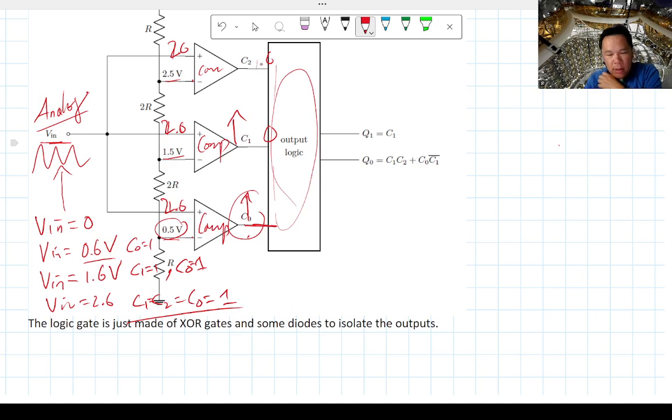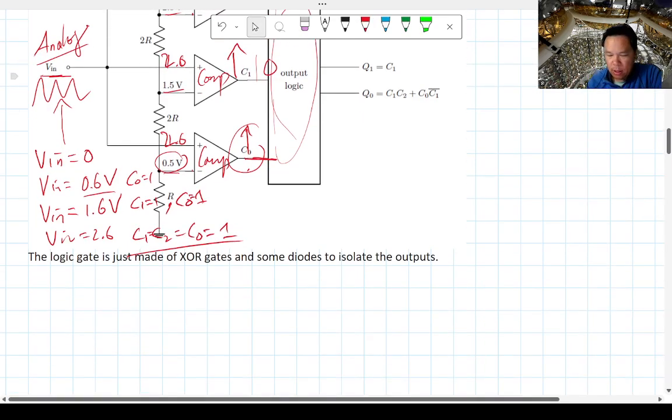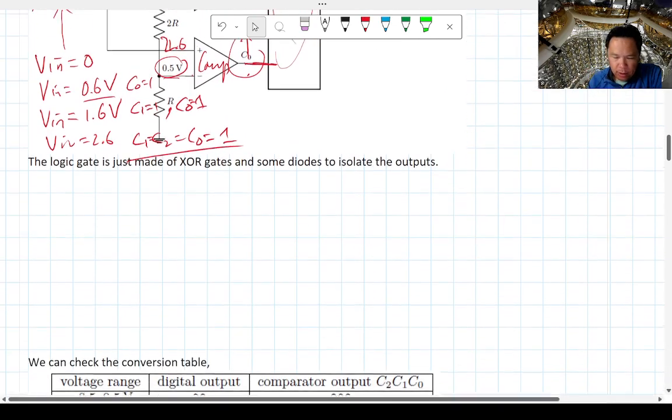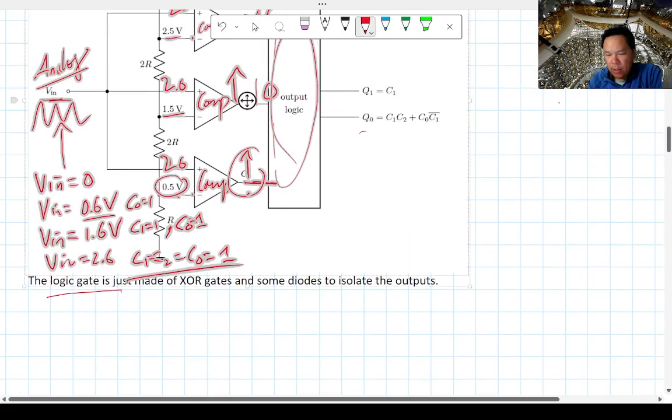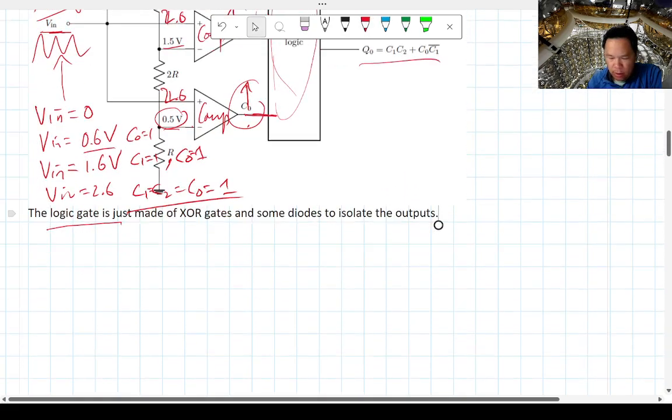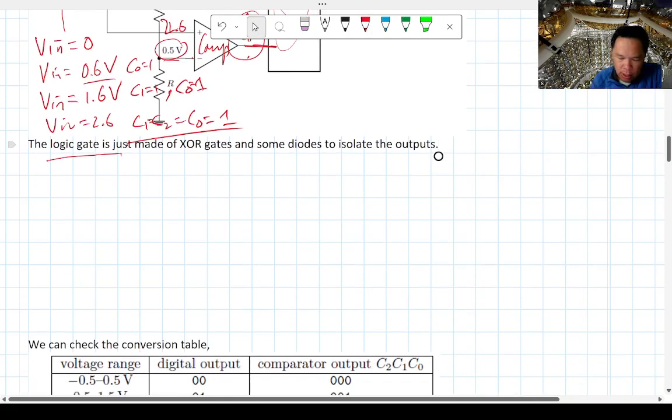So now these outputs here are actually digitized, but we need to arrange them into the right bits, so that we can actually see which ones have the correct binary structure. So to do the logic here, it's written out here, but I'll just draw the logic that you see.